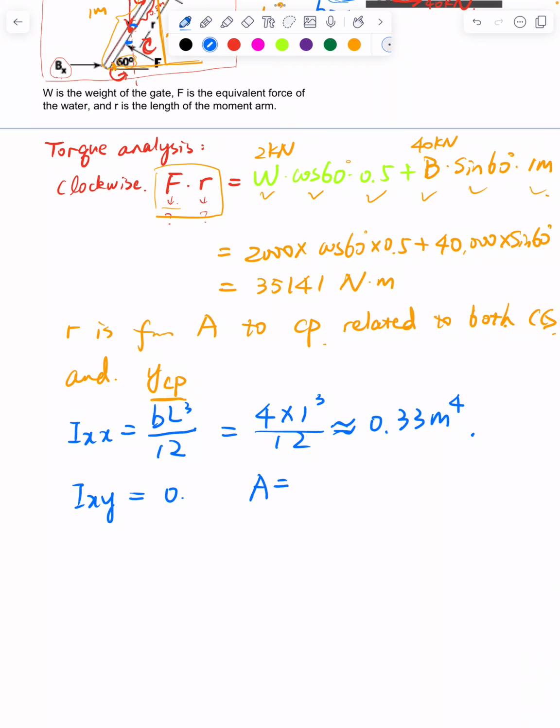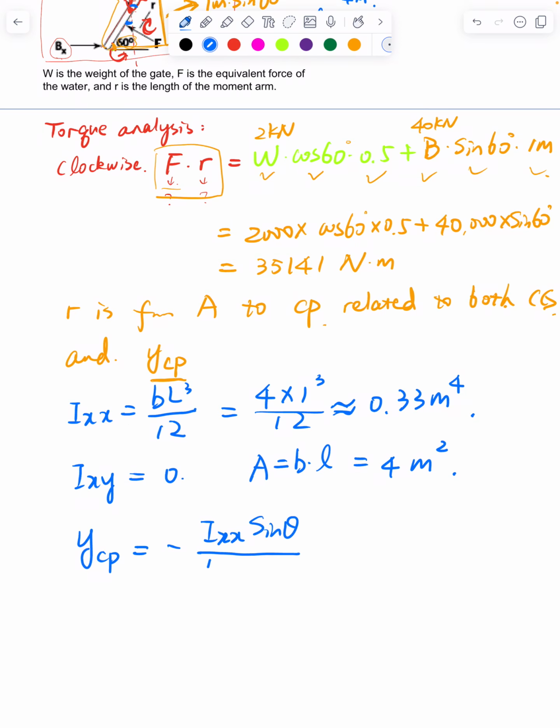And A equals B multiplied by L, which is 4 meters squared, right? And we said that YCP equals negative IXX sine theta over HCG multiplied by A, right?